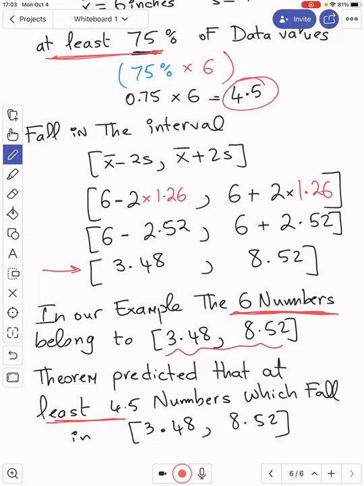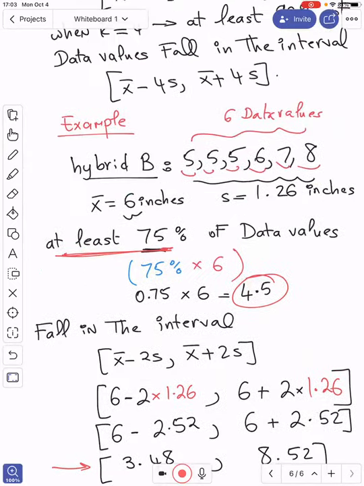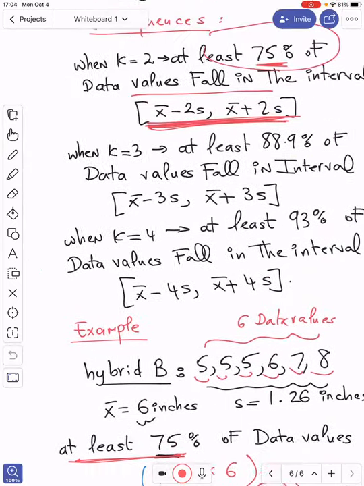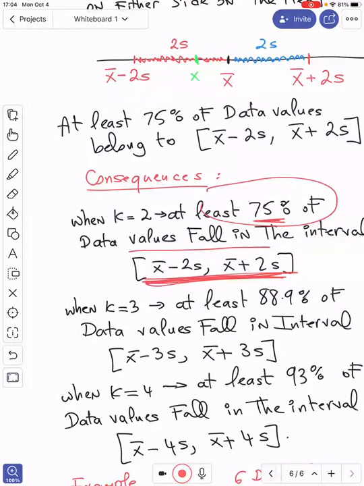Professor, I have a question. Yes, please. Why did you choose 75% for this example? Because 75% is one of the consequences of the theorem.